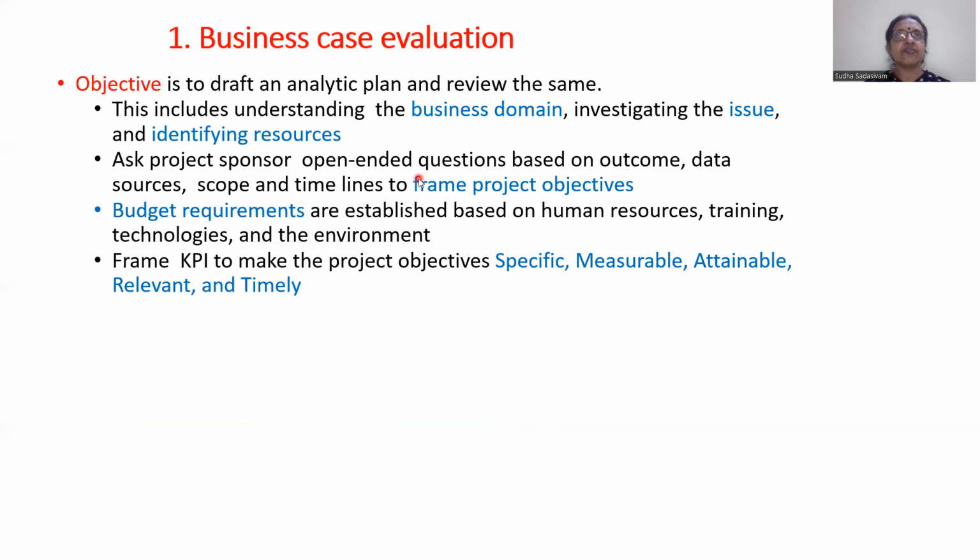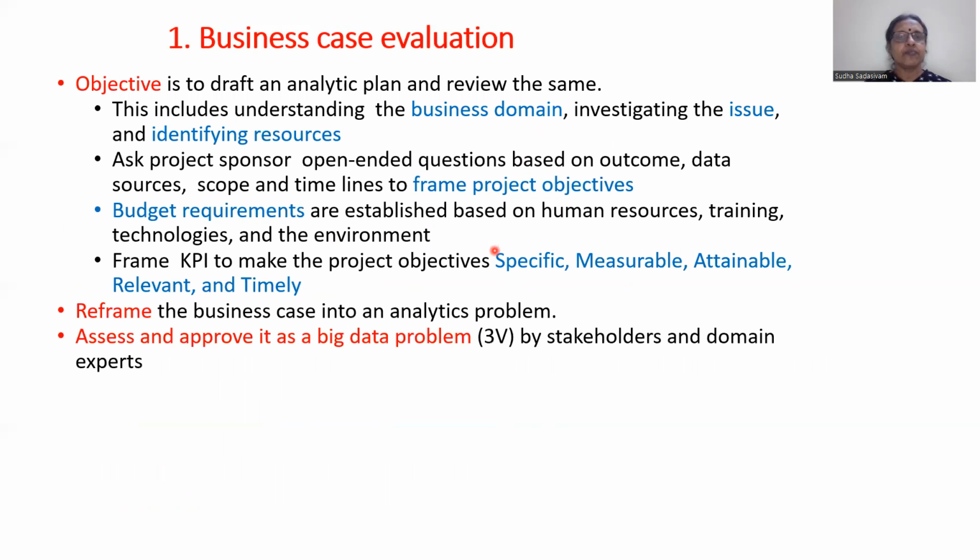The basic objective of this phase is to identify the business domain, form the goal of that particular project, identify who the stakeholders are, and what the budget requirements of the project are. One of the important activities in this phase is assessing and approving whether the given problem is a big data problem, by identifying whether it satisfies at least the three basic V's of big data characteristics.